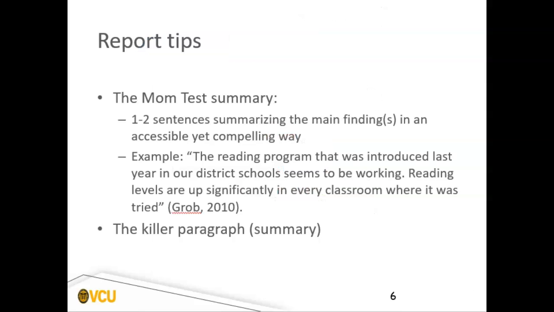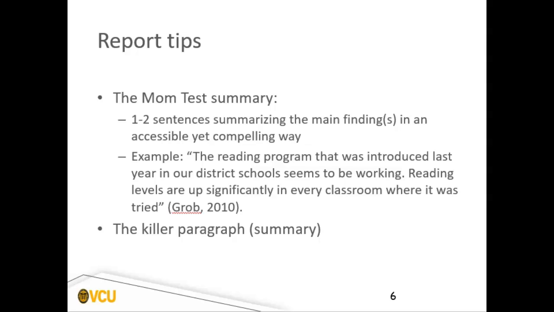There are several tips that might be helpful in writing an effective report. One of these tips is what George Grob, an evaluation scholar, calls the MOM test summary. This is one or two sentences that explain the main findings of the evaluation in layman's terms.